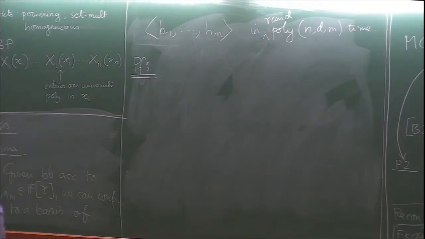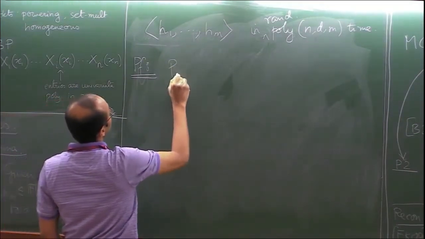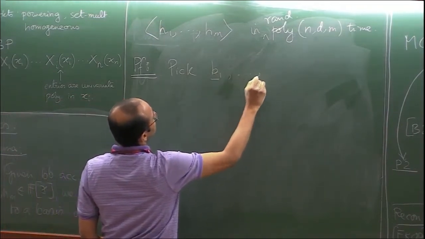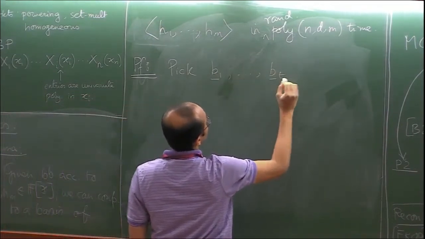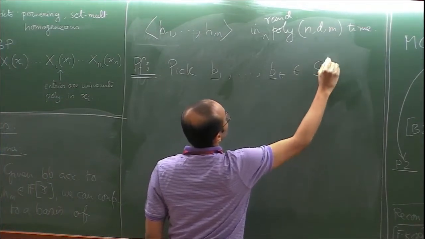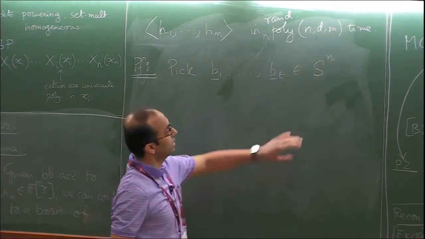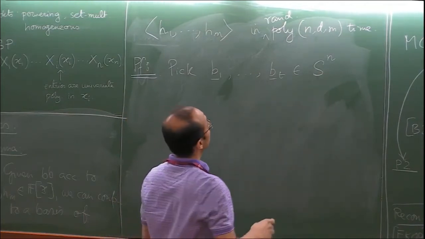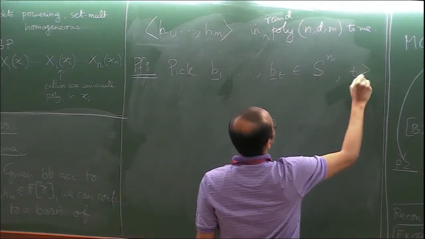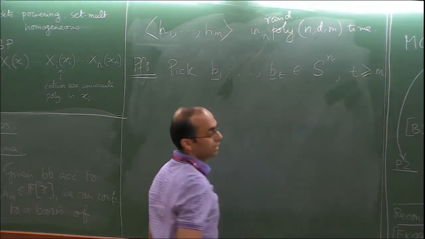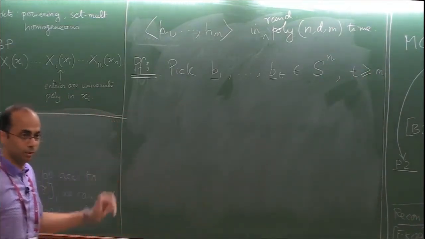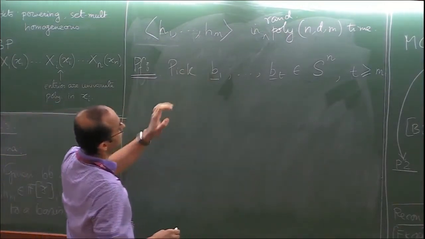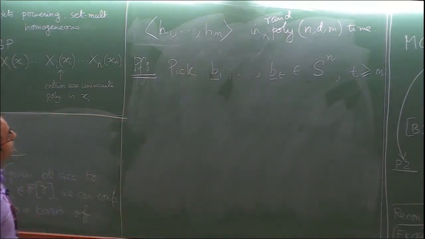Just think of picking a bunch of points, let's say b1 through bt. They are all points from S^n, where S is some large enough finite subset of the underlying field, the rational numbers. And t is any number greater than m. For this proof, you can fix t to be m also. But the reason I'm showing it in the general setting is because we'll use it later on.